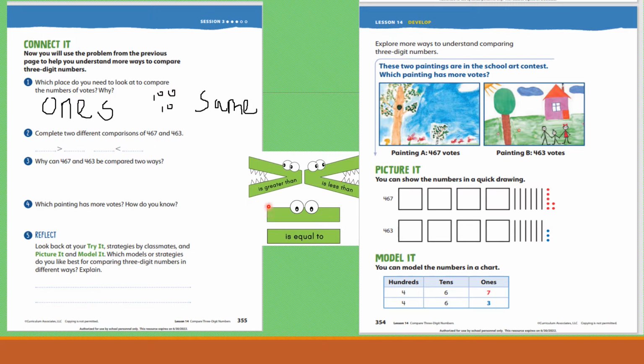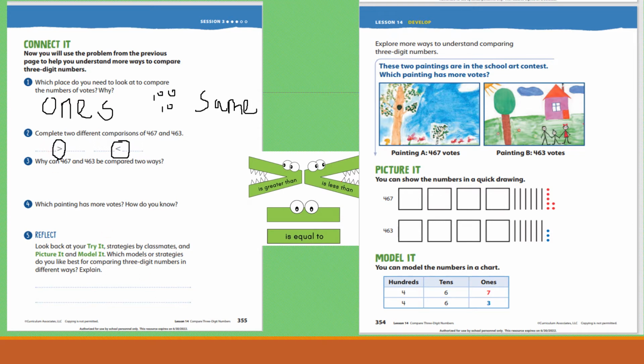Remember, we're using the alligator math. The alligator is going to eat the bigger number. So I'm going to look at where my arrows are pointing first. And I know that the opening here of this arrow has to be to the bigger number.